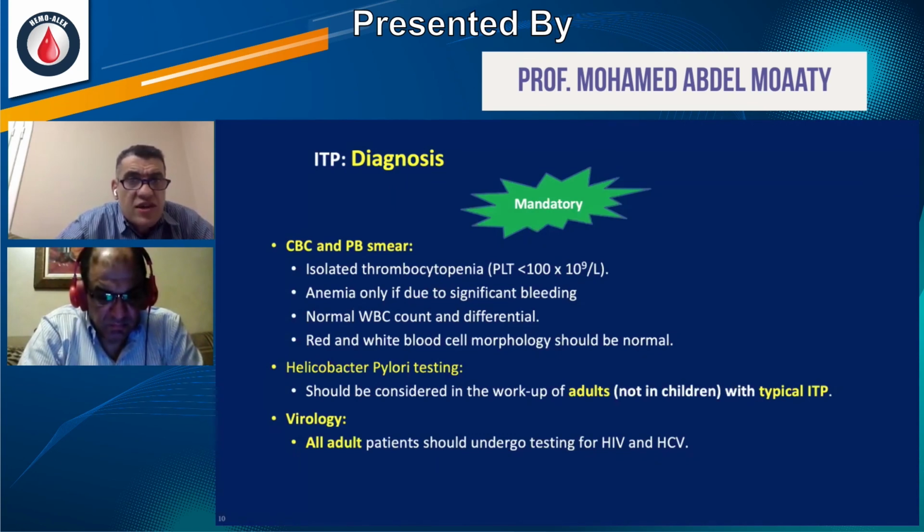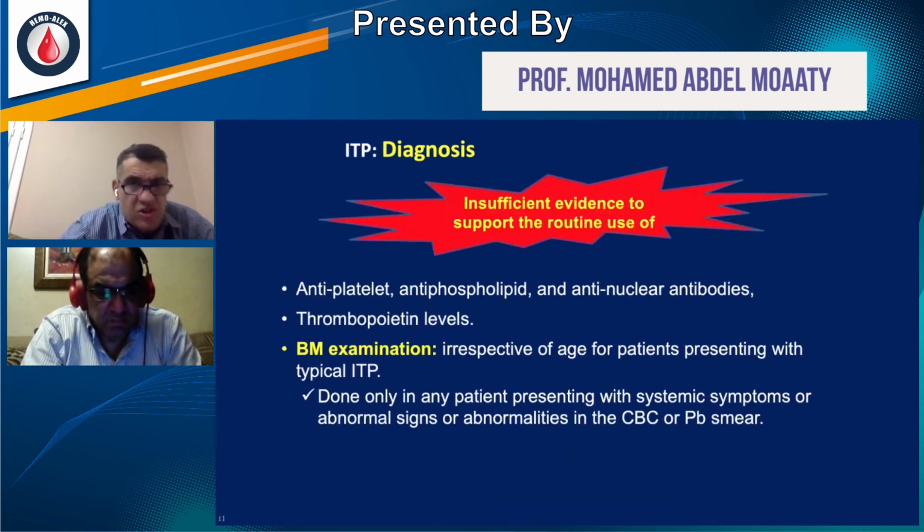Only a CBC should be done, and it showed isolated thrombocytopenia. H. pylori testing, in the latest guideline, should be done in adults. However, it is controversial in children. Regarding virology, all patients with ITP should undergo testing for HIV and HCV, and for us also hepatitis B surface antigen.